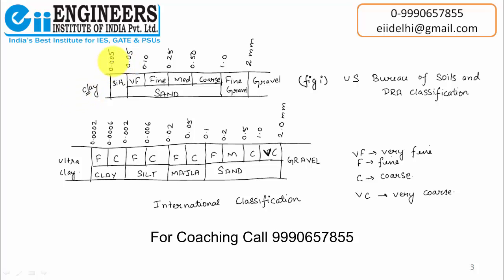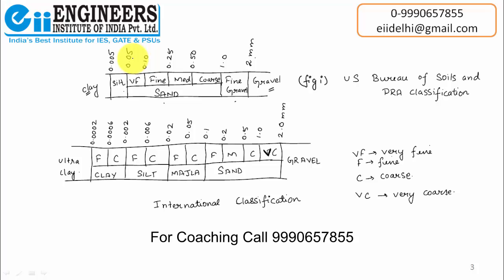If the size varies from 0.005 to 0.05 mm, it is silt. If it varies from 0.05 to 1 mm, it is sand. If the size is between 1 and 2 mm, it is fine gravel. And if the grain size is more than 2 mm, it is classified as gravel. So they are classified only on the basis of grain size.